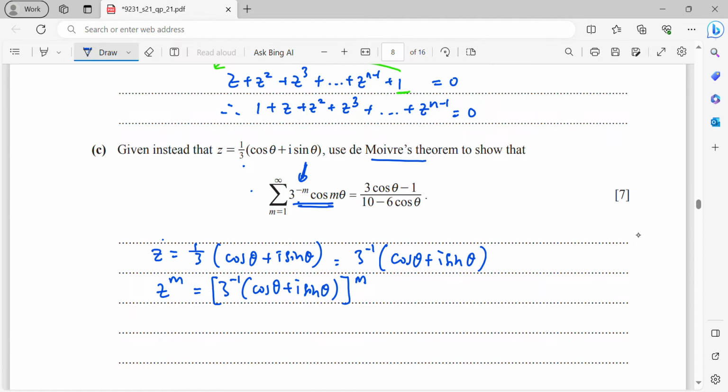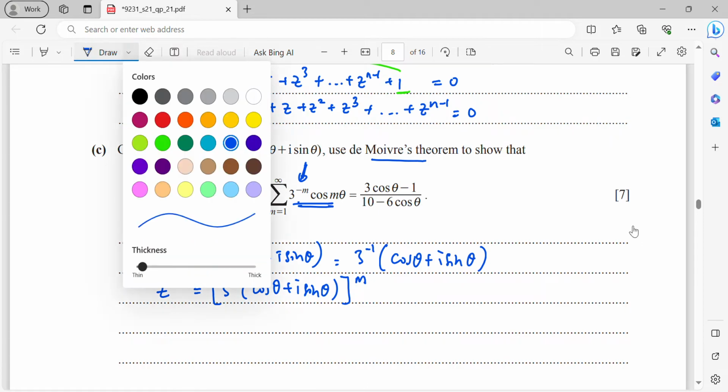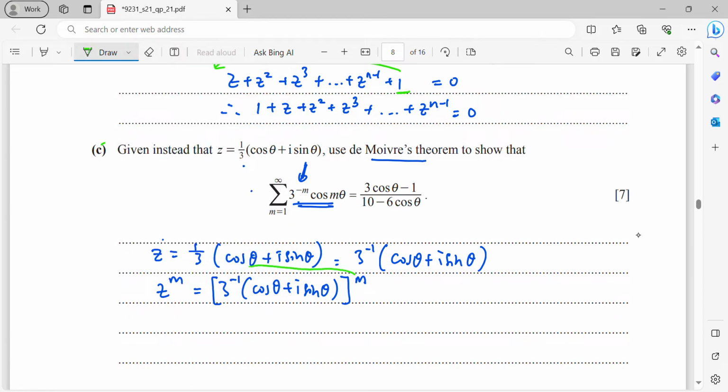Okay, and based on De Moivre's theorem, this power m, or just normal expansion first, will be moved into the bracket and multiplied with 3 power negative 1, and also into the brackets here, the cos theta plus i sin theta. So for the cos theta plus i sin theta, based on De Moivre's theorem, the m will be multiplied to the theta.